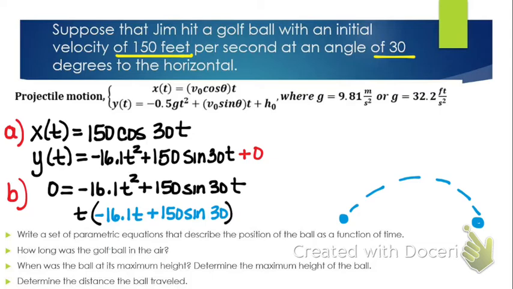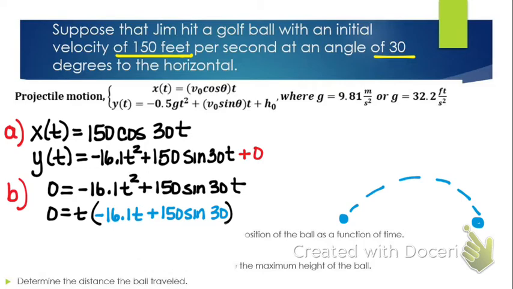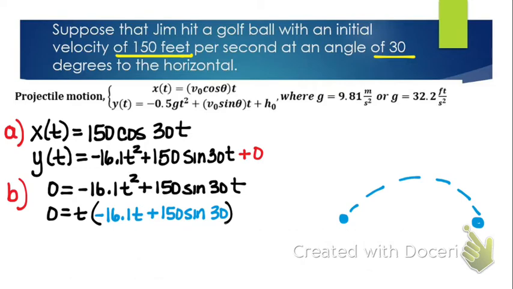So now let's set both of those equal to 0. And when I do that, this t equals 0, that represents when it was hit initially. This is t equals 0.